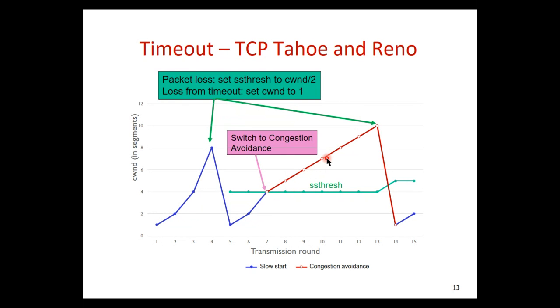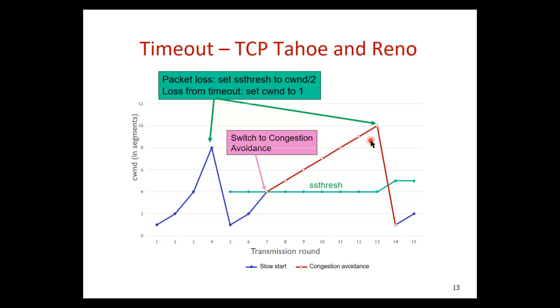It keeps increasing as long as there's no packet loss. And here, assume that packet loss happens at this point in time. Every time packet loss happens, SS threshold will be updated to half the value of CWND. In this case, CWND is 10, so SS threshold is updated to be 5.